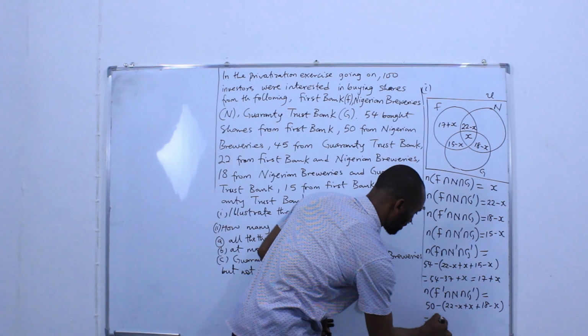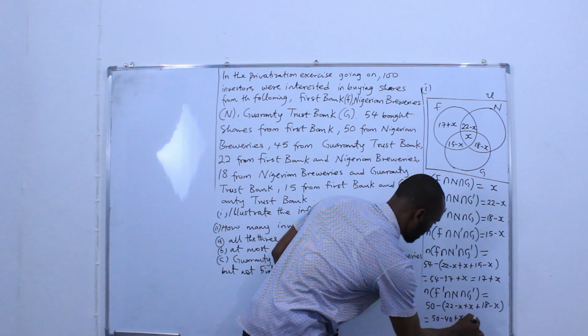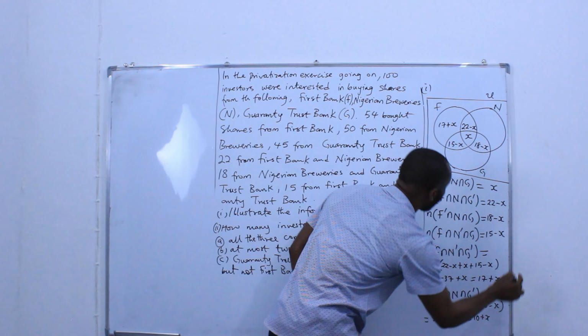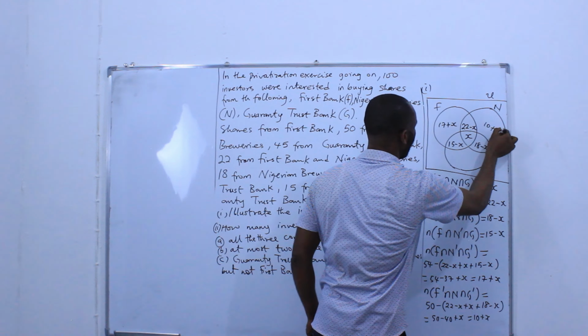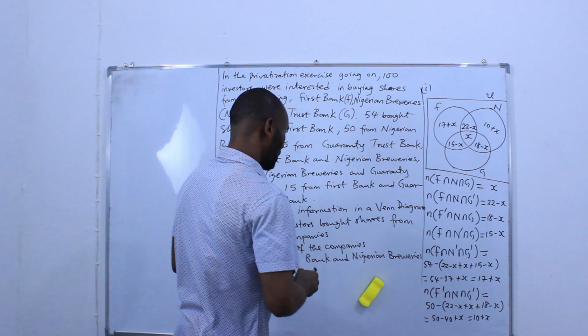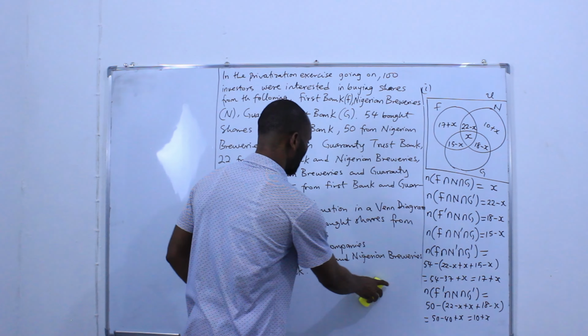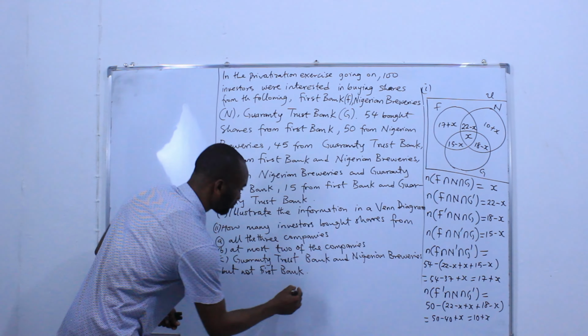So we're having 50 minus 40 plus X, and that is 10 plus X. So here is going to be 10 plus X. Okay. Now I'll go ahead to finish it up here.